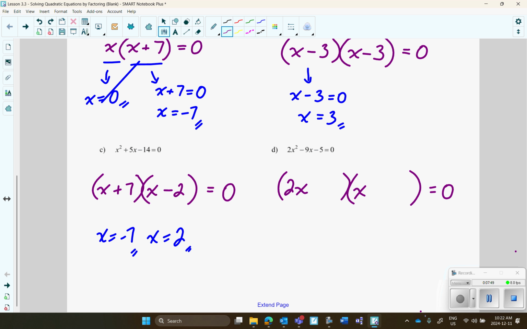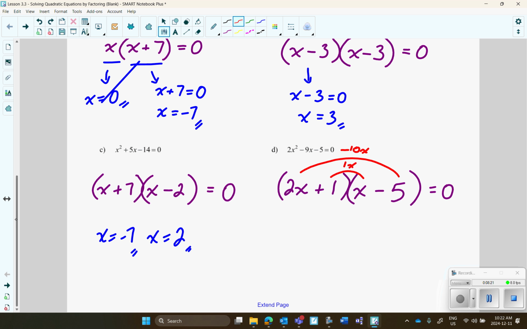Now, next ones could be -5, +1, could be +5, -1. We could switch the 5 and 1. +1, -5. Okay, let's double check that. -10x on the outside, +1x on the inside. Yep, that works. Good.